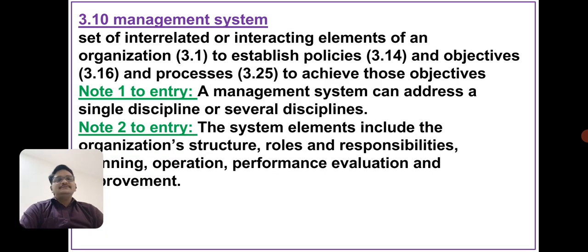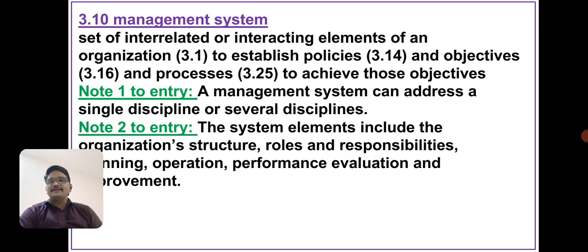Next is management system. A set of interrelated or interacting elements of an organization to establish policies, objectives and processes to achieve those objectives is known as a management system.